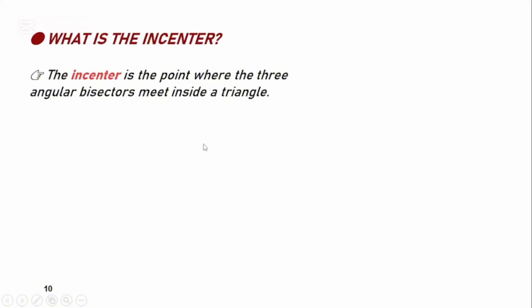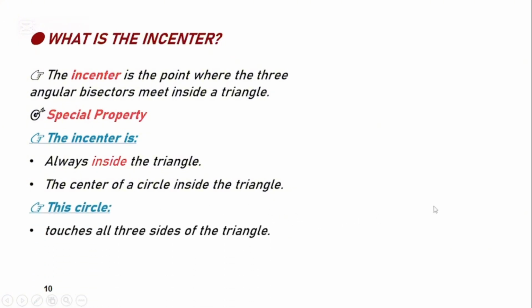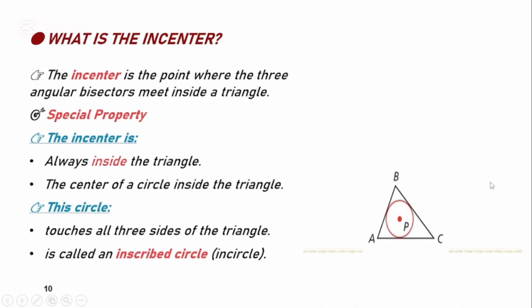And where is it? Let me ask Ali. Yes, great. The incenter is always inside the triangle. And it is the center of a circle drawn inside the triangle. And this circle touches all three sides of the triangle.